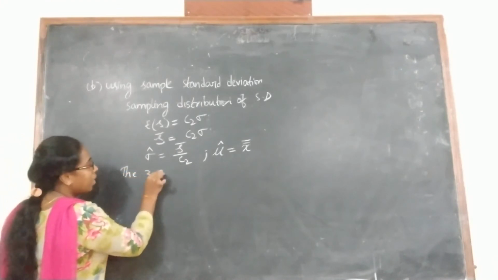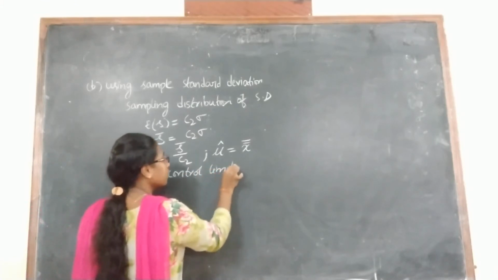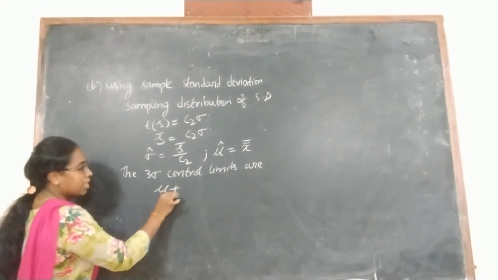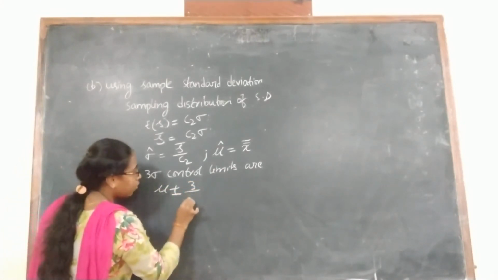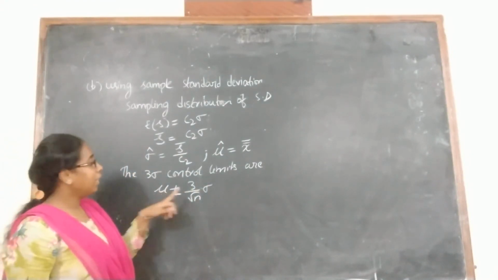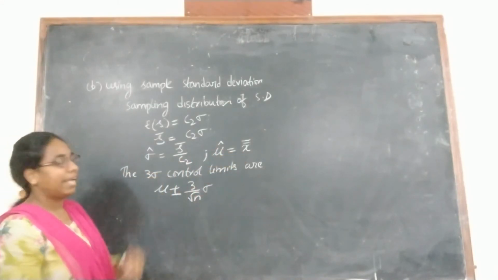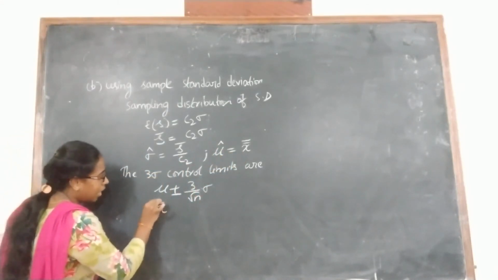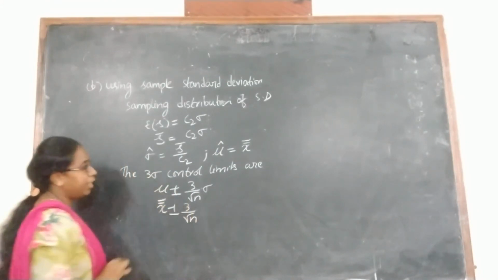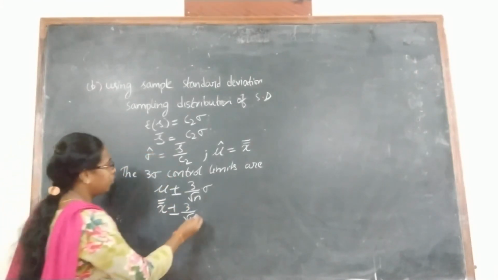So the 3 sigma control limits are, what did we get? Mu plus or minus 3 by root n into sigma. Now substitute the mu value and sigma value. What is the mu value we have estimated? X double bar. So X double bar plus or minus 3 by root n into, what is the sigma value we have estimated? S bar by C2.